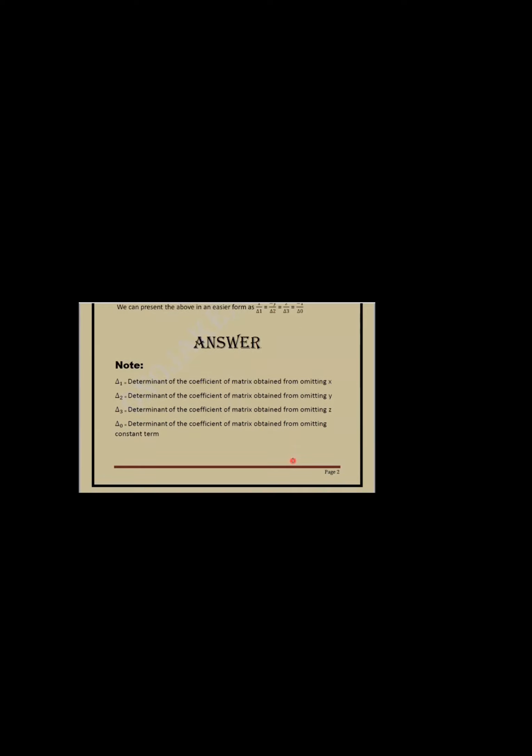Going on, writing the equivalent of Δ1, Δ2, Δ3, and Δ0, literally we have this. So Δ1 is equal to the determinant of the coefficient matrix obtained from omitting x. Same goes for y, z, and the constant term.